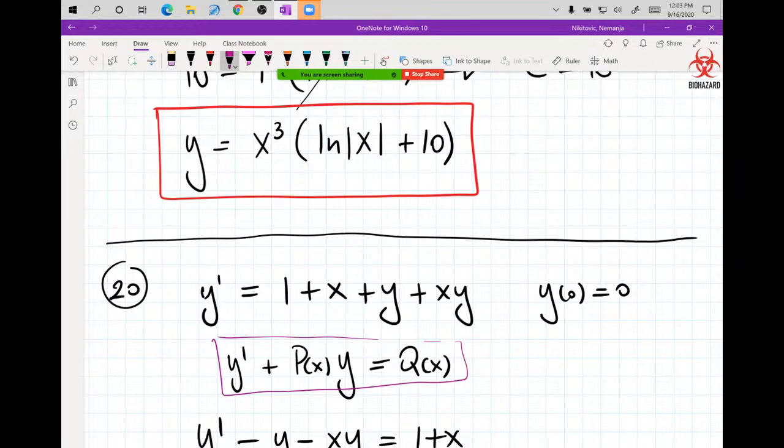Because you cannot separate variables here. You cannot separate variables, and that's a problem. And that's why this problem exists. I mean, if you could solve all of the problems with separation of variables, we wouldn't have this course. There would be no need. You would just learn separation of variables in Calc 2 and be done.